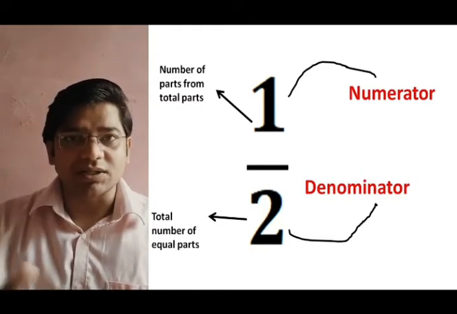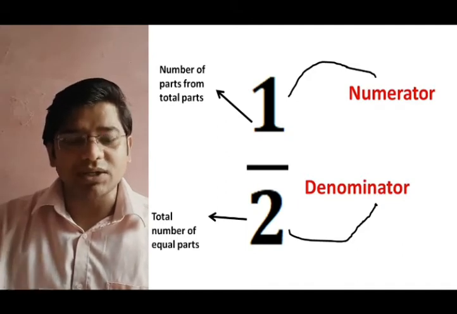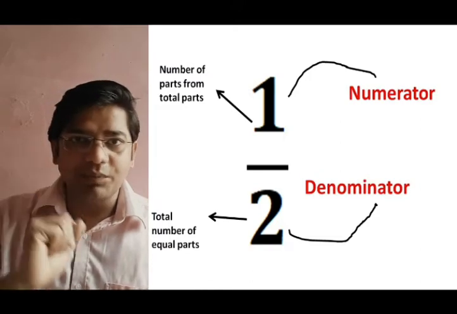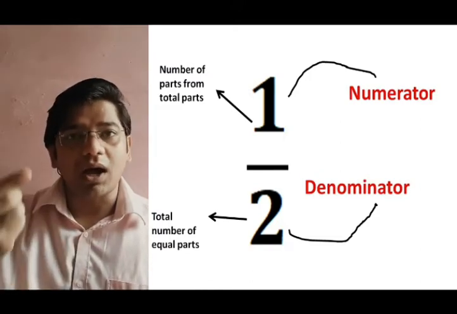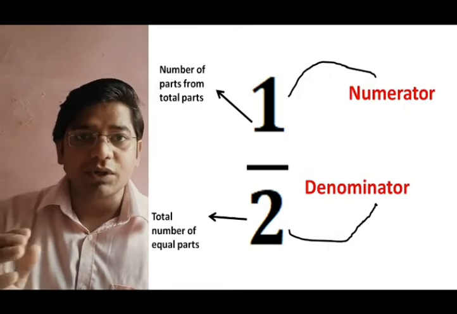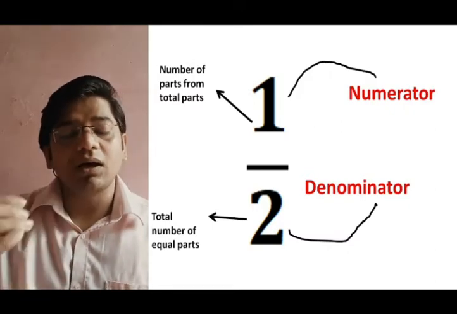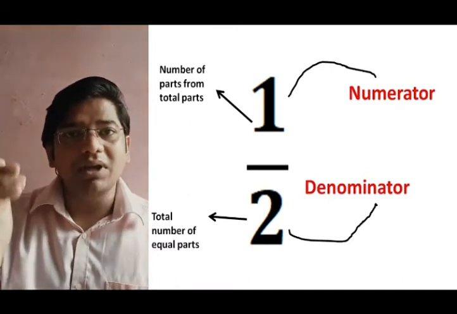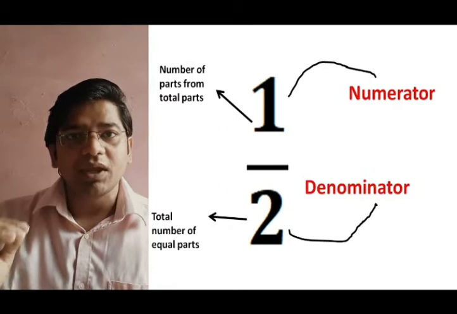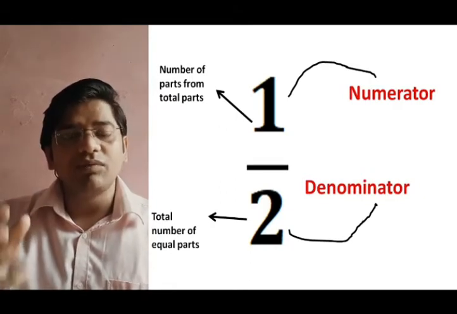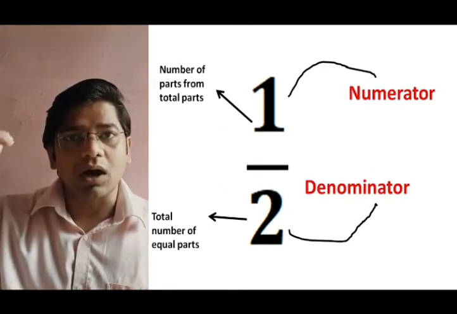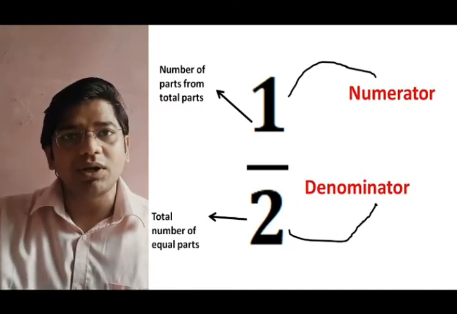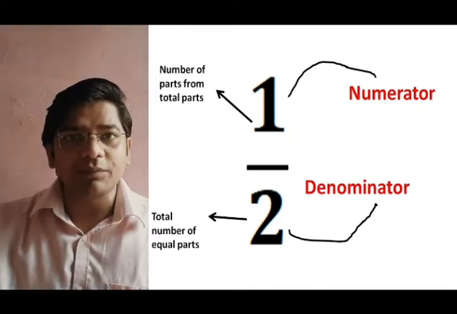So what we did here, we made two equal parts of one pizza and I consumed one out of it. The part I am making of one whole thing, I will write in the denominator, and the part I am consuming will be written above the denominator, and that is called the numerator. So the upper part is called the numerator, the lower part is called the denominator.